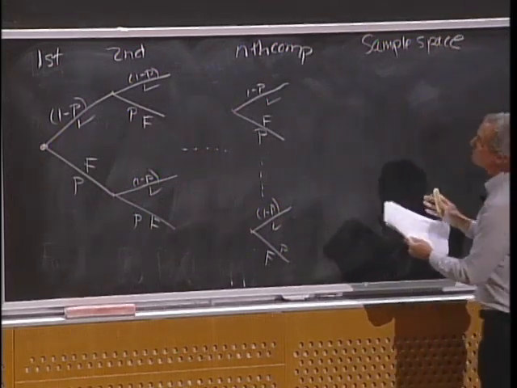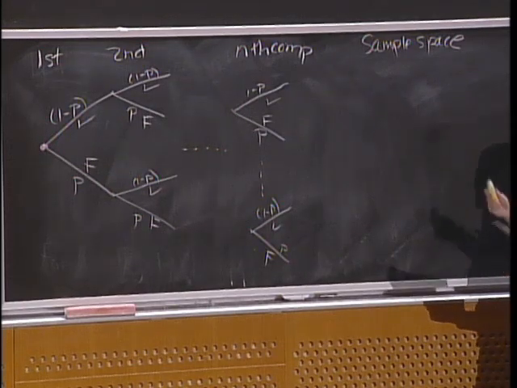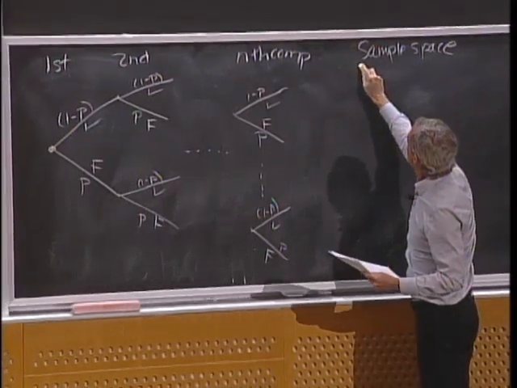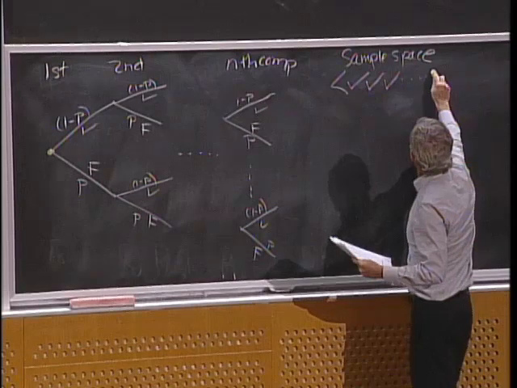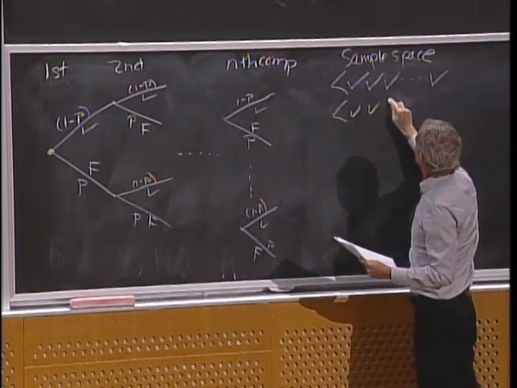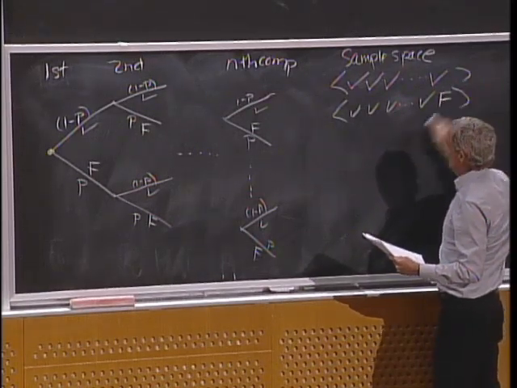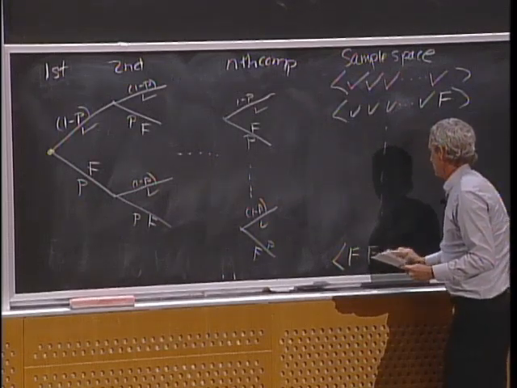And it's all length n vectors of failure or not. So the top sample point here would be n good components. The next one would be the first n minus 1 are good, and the last one failed. All the way down to the very bottom, you could have all n fail.